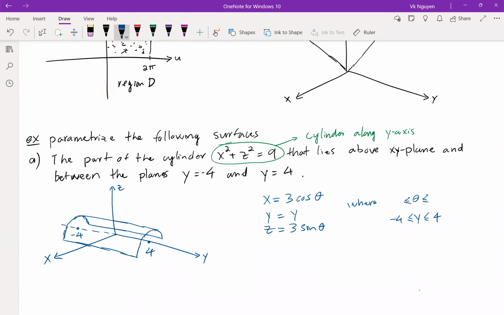So the angle is going to go from, you can actually see the angle here. The angles go from here to here. So where does it go from? Yeah, 0 to pi.